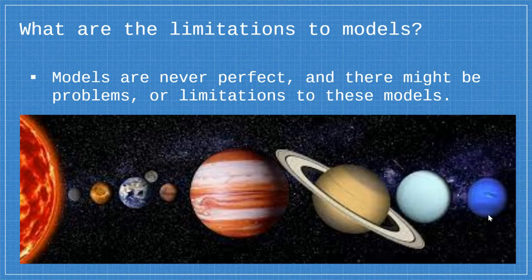Looking at the picture, if we envision this as a 3D, physical model, we would know right away it's definitely not a scale model. The planets are not scaled to size, and the distance is also not to scale.